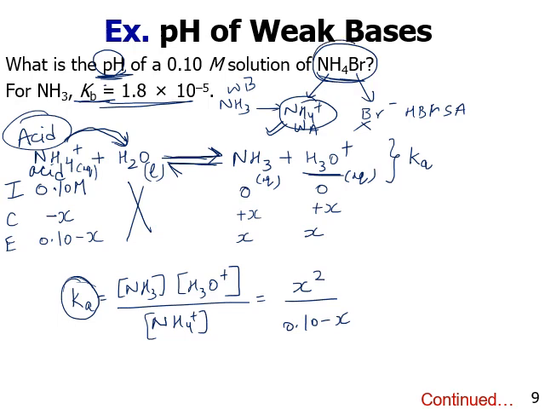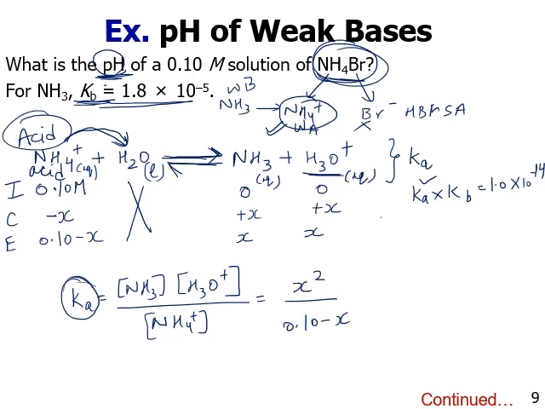This is a salt. What's given to me is Kb, but if you do this question correctly, you really need Ka, not Kb. How can I find Ka? Remember, Ka times Kb is 1.0 times 10 raised to the power minus 14. That's the autoionization constant of water, right? So what is Kb?